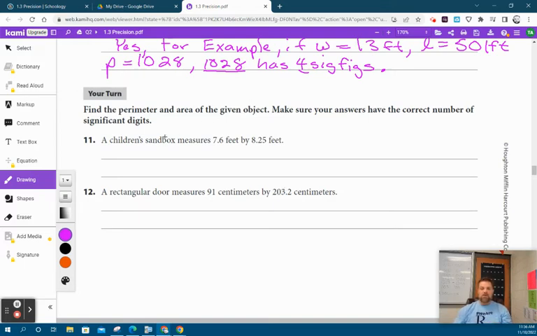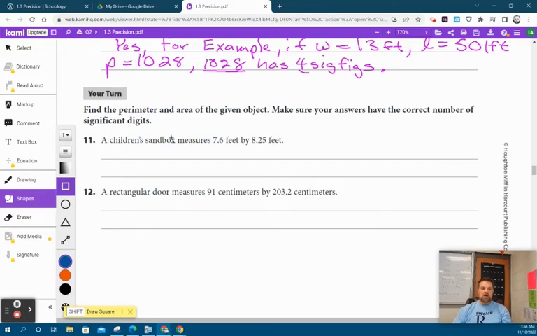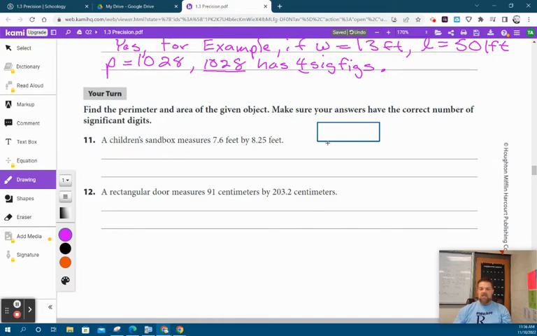These are both rectangles. So I'm just going to draw, and I want you guys to do the same. Just draw a little rectangle here. And so it says it's 7.6 by 8.25, and this isn't to scale.